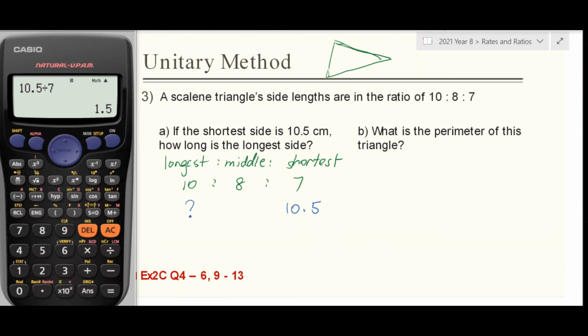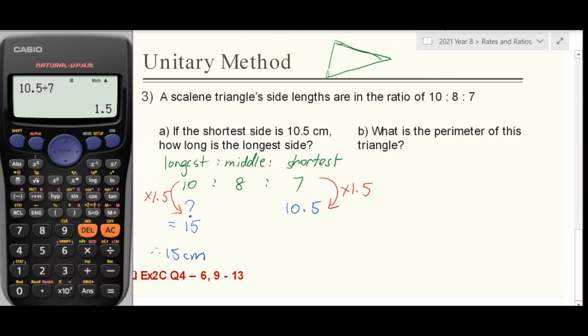So what this is telling us is that when you multiply 7 by 1.5, it will give you an answer of 10.5. I will also have to do the same thing on the left to keep the same ratio. So what is 10 times 1.5? That's just 15. Now the units that are given to us for this measurement are centimeters. Hence we know the longest side is 15 centimeters.